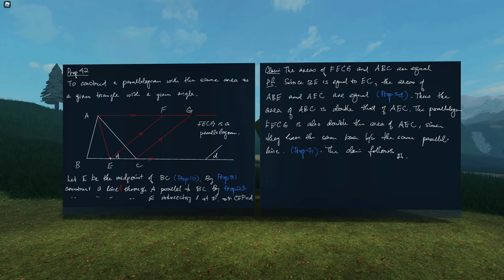If two things are double the same thing, then they must be equal. There's some arithmetic there that you have to do, but we've done something like that before. So a similar kind of argument shows that FECG and ABC have equal areas.